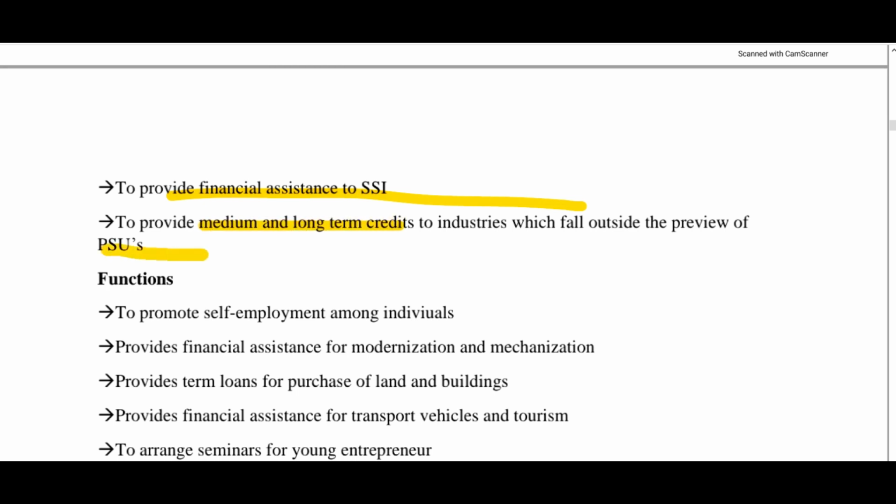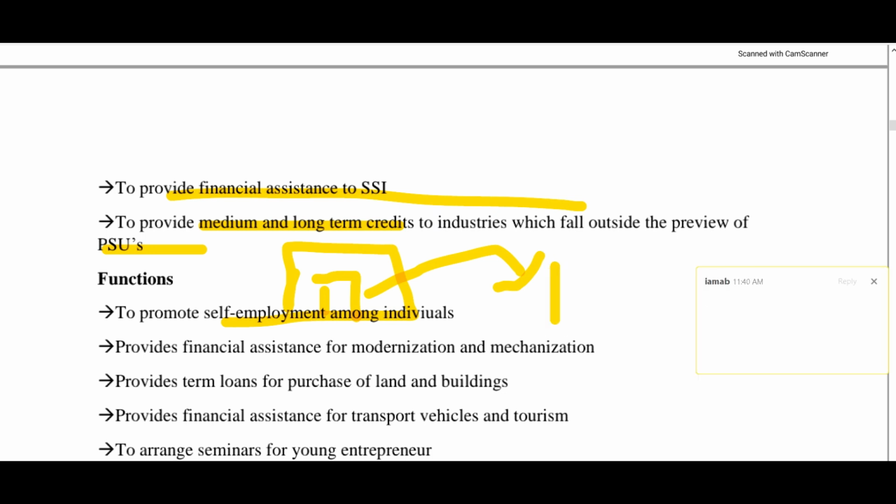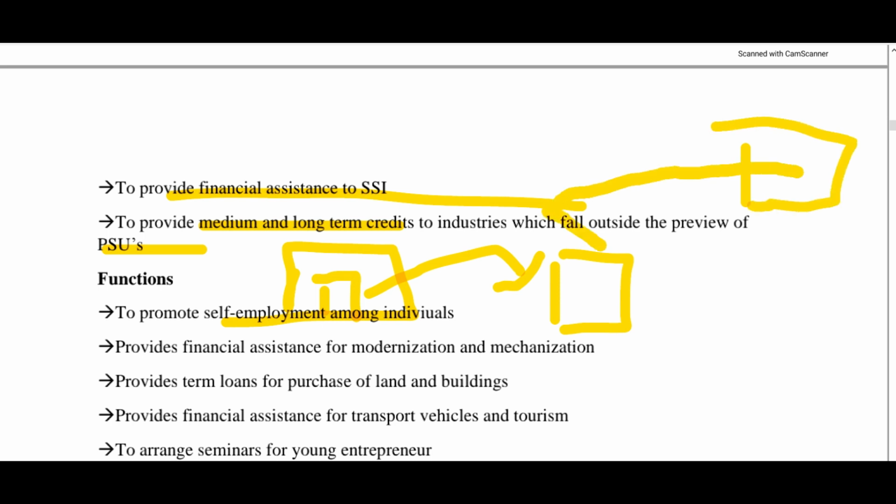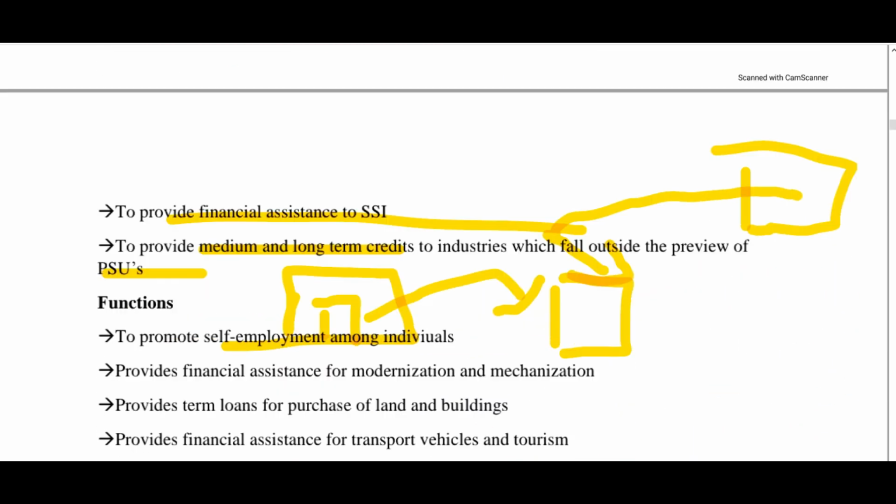Suppose there is a bank which doesn't want to provide loans to small scale industries like the cotton industry or silk industry, because the bank may think it is not possible to recover the loan amount. So a bank could avoid giving a loan to the silk industry. At that time, the Karnataka State Financial Corporation will help this industry.